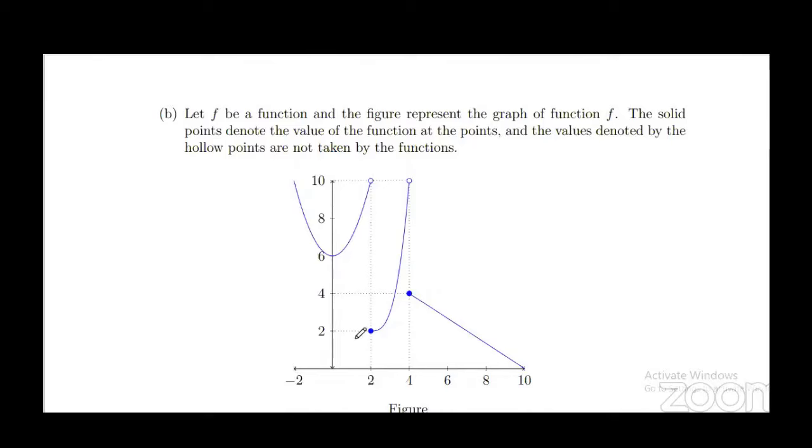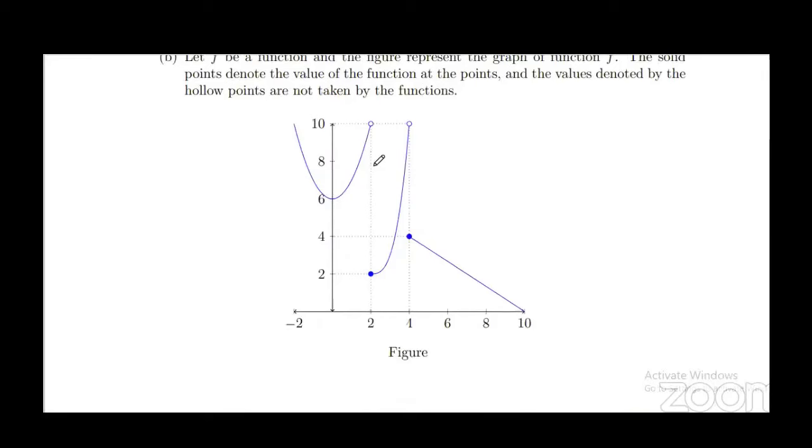If you can draw the graph without taking the pen off the paper, it means that it is continuous, correct? Yes, ma'am. Obviously this function is not continuous at 2 because there is a split in the graph. Similarly at 4, again, it is not continuous, but in other places it is continuous.